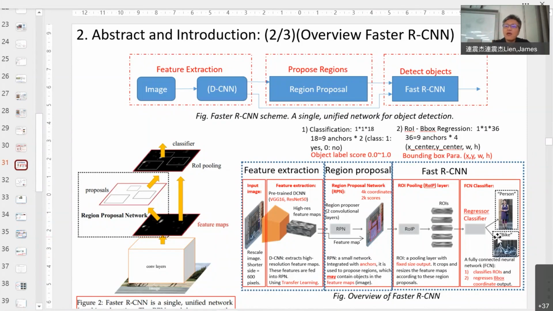So that is the difference. They also try to refine the region box of the initial result of the RPN.